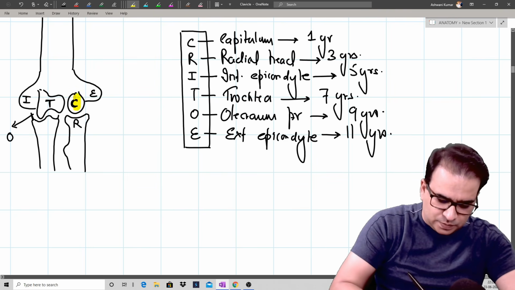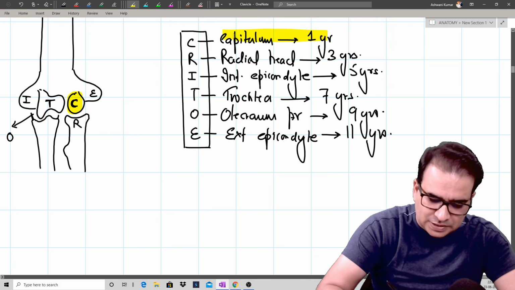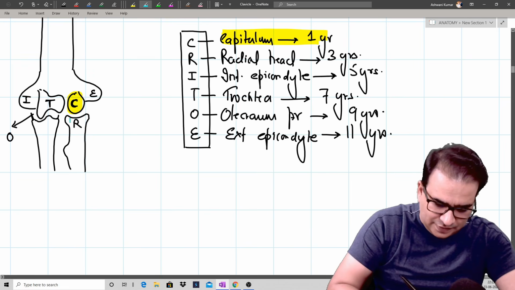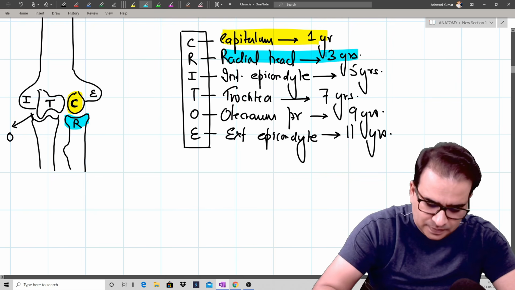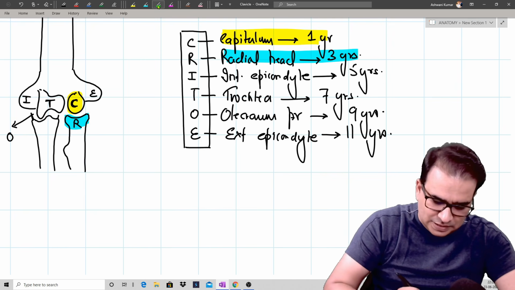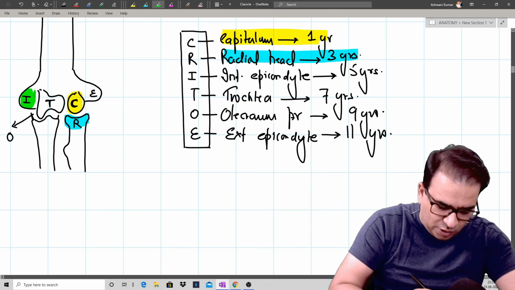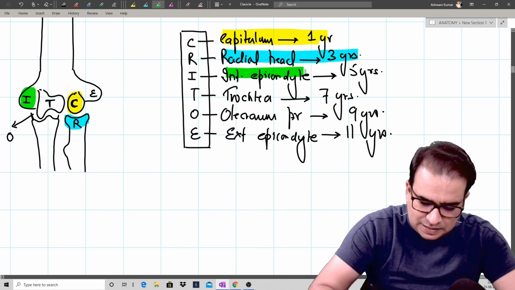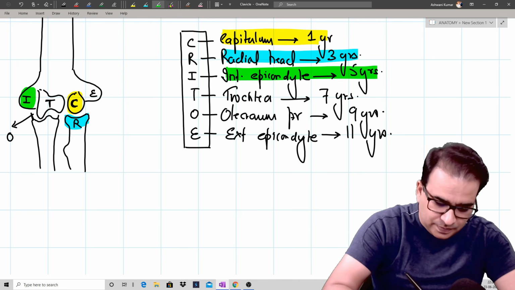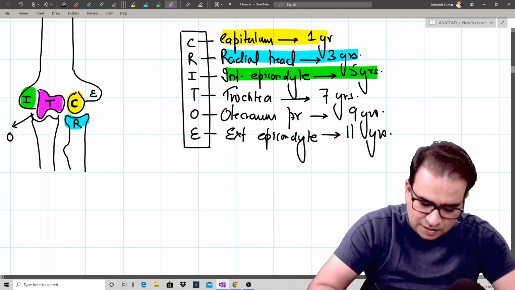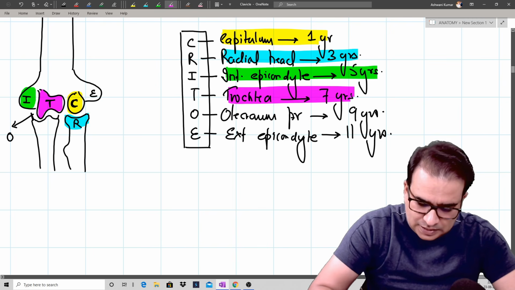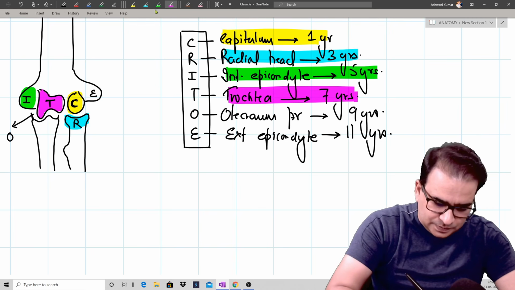So that is CRITOE. C is for the capitulum, the 1st year. Then we have R, the radial head, which appears at the age of 3. Then I, the internal or medial epicondyle, at the age of 5. Then we have the pulley shaped trochlea, which has one flange larger than the other, at the age of 7.